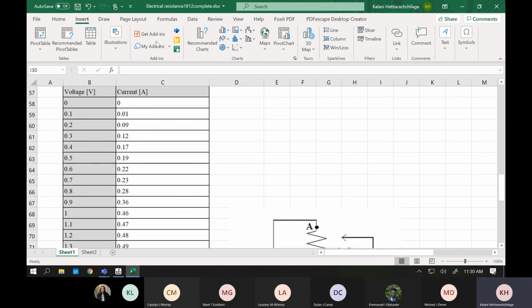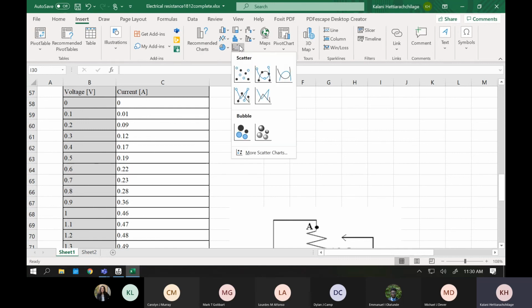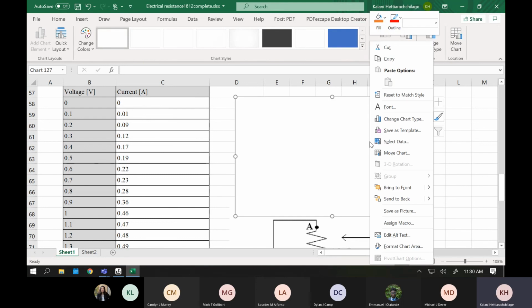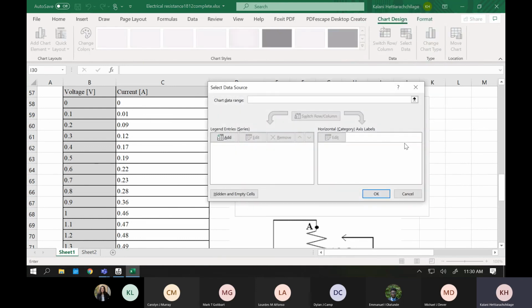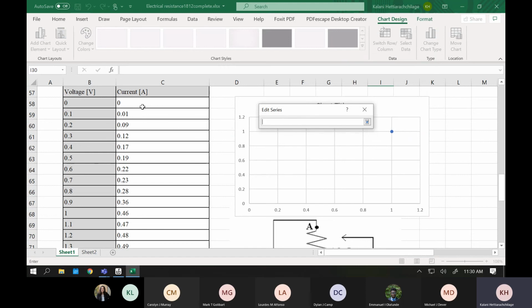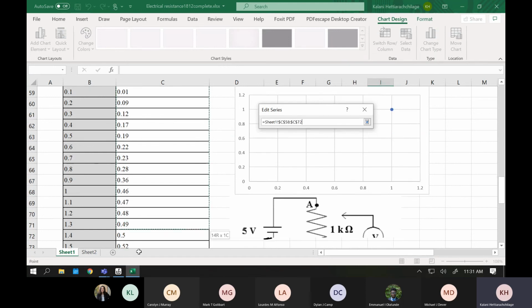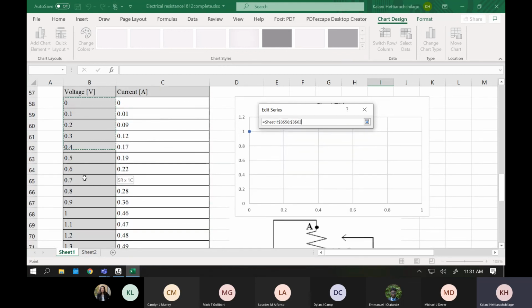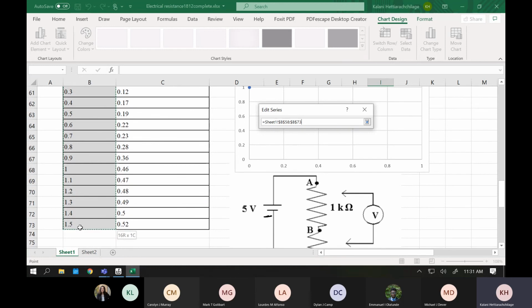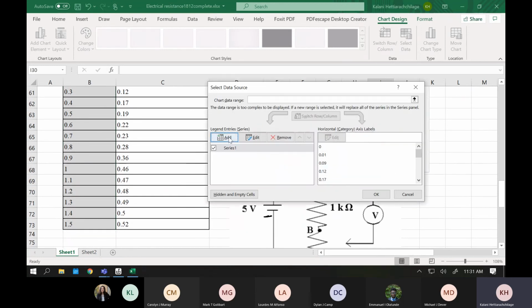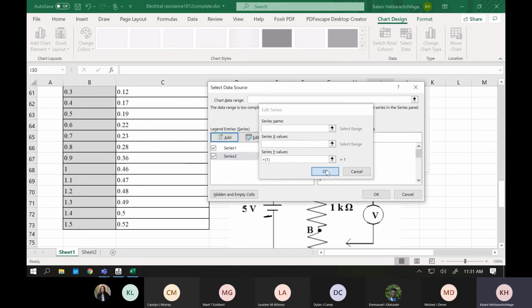So you're going to click on insert chart and blank chart, and again select data and add your x-axis and y-axis. My x-axis is current, I'm going to select this, and then my y-axis is voltage, I'm going to select this, and then click OK.